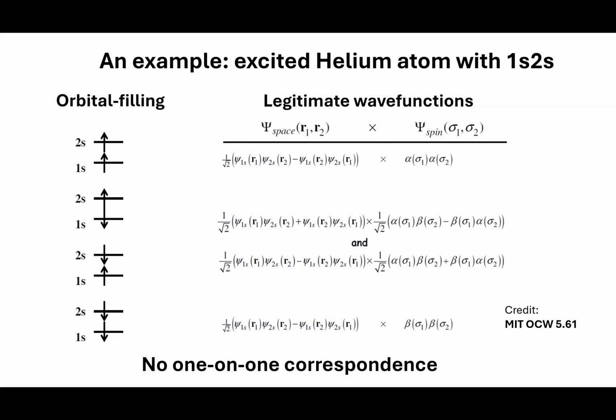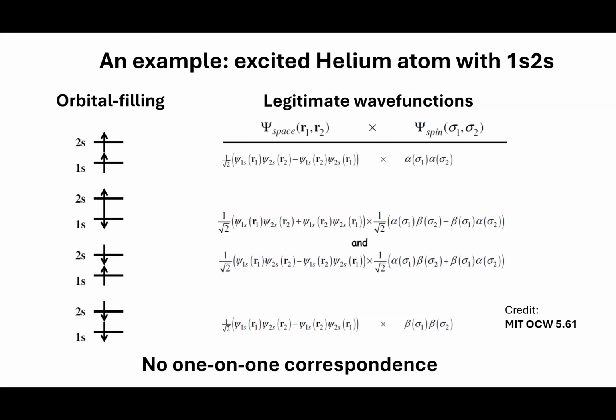For example, if you have psi 1s(r1), that means we put electron 1 in 1s and electron 2 in 2s. We're on the same page on this, right? So that's a legitimate wave function for this two-electron system.